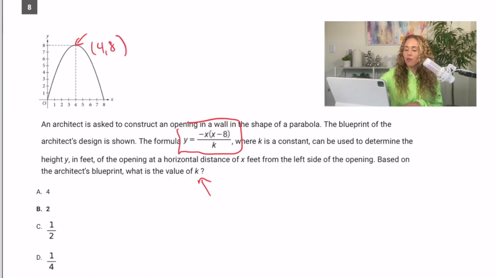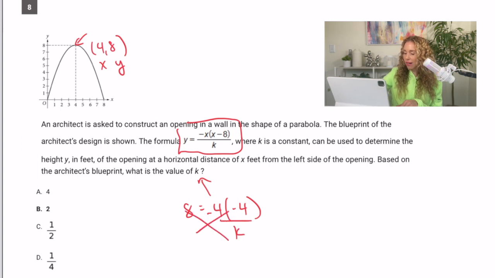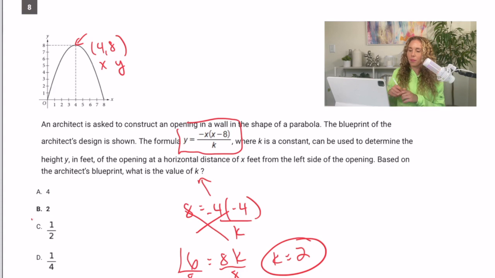Well, what does that mean? 4 is x, 8 is y, which is great because I can substitute those into the formula so I can solve for k because I need k to be the only unknown. So if I put 8 in for y and 4 in for x, I basically get this. I will cross multiply. -4 times -4 is 16. That equals 8k. Divide both sides by 8. So that means k is 2.